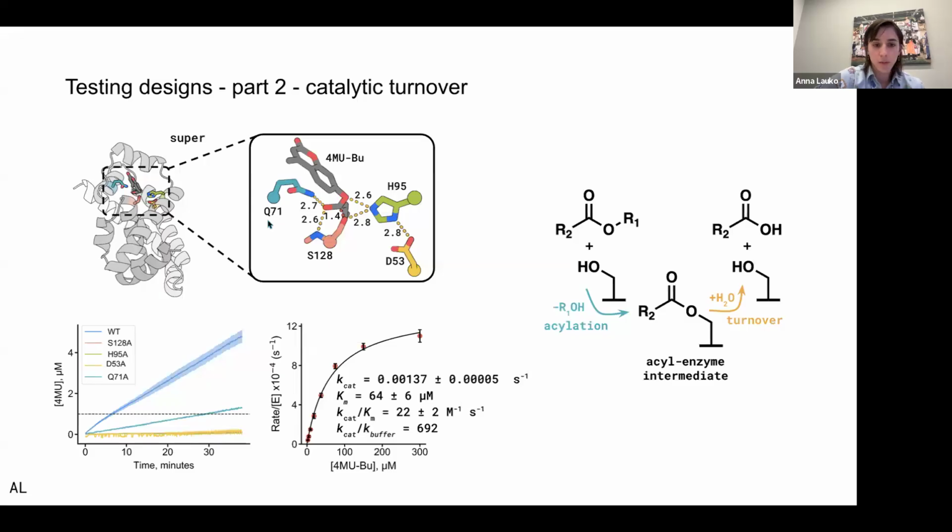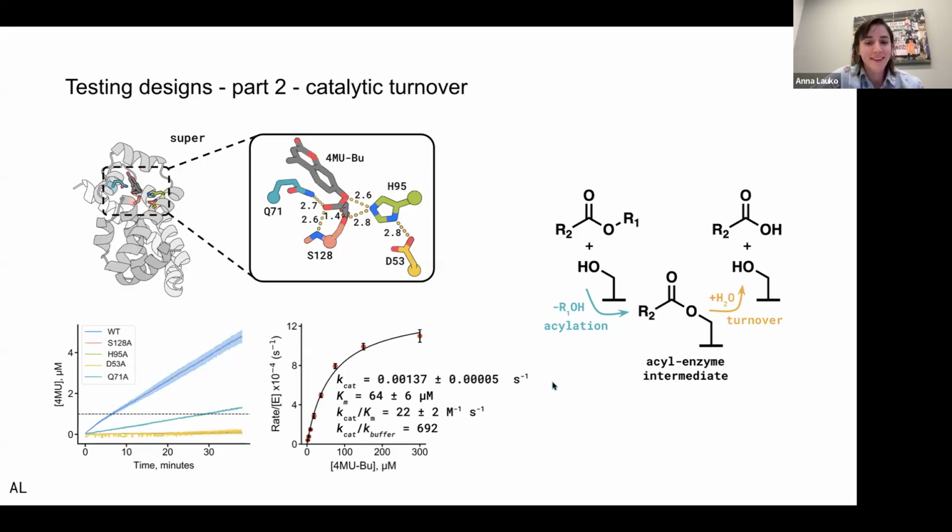And just like in the previous case, when we knock out any of the catalytic triad residues to alanine, we see complete loss of activity. We also see a drop in activity when we knock out the sidechain oxyanion hole residue. So because these hydrolases continue to turn over, we're convinced that we had finally generated an active serine esterase.